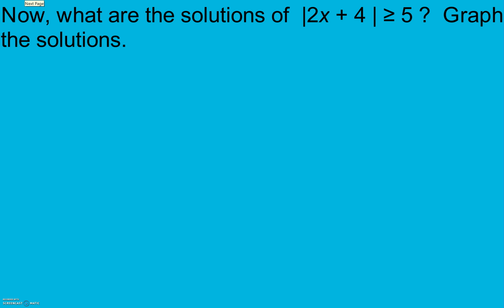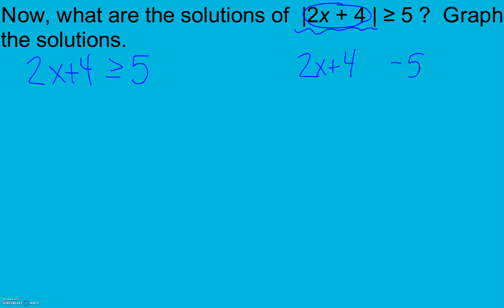Okay, because our absolute value is completely by itself, it's the only thing on that side of the inequality. We take whatever's inside, exactly as it's written, with the greater than or equal to 5, and we take whatever's inside with the opposite. But with inequalities, remember, if we flip the sign, we have to flip our inequality.